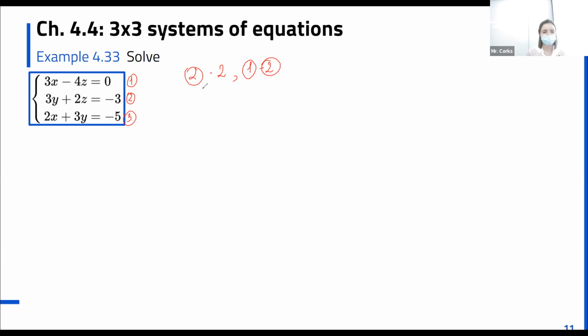So what do we have? 3x minus 4z equals 0, and 6y plus 4z equals minus 6.